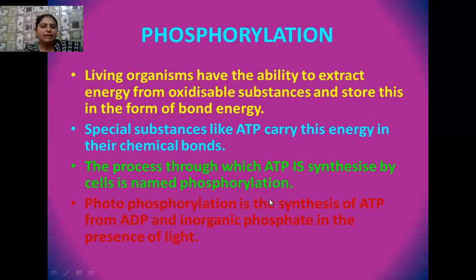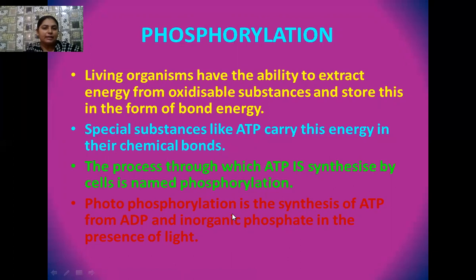So what is phosphorylation? Phosphorylation is the process through which ATP is synthesized by the cell. Not only ATP, but other energy rich molecules such as NADPH, which store energy, are synthesized. That process is known as phosphorylation.